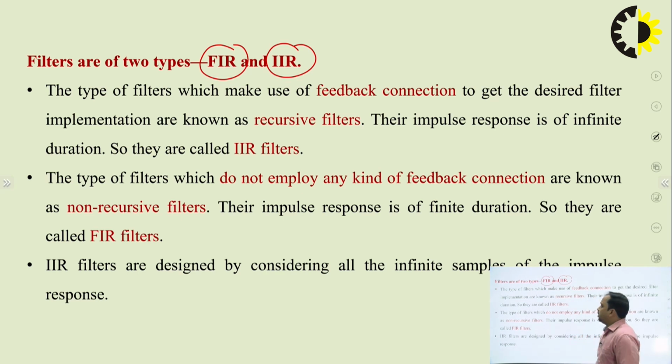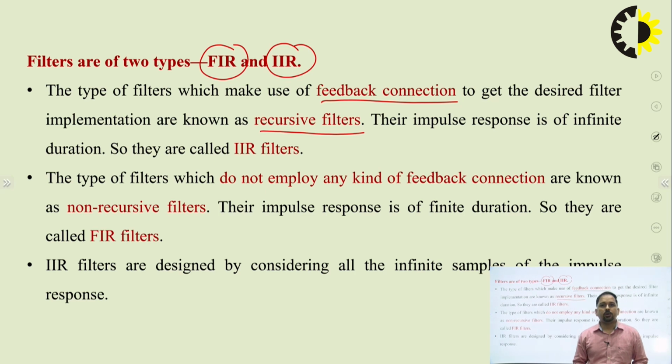So first of all, IIR filters generally have the feedback connections because the present output depends on the past output as well as the inputs. So if they are depending upon the past output, that means definitely there has to be some feedback connection. So they are also called as recursive filters. So very important key points, that IIR filters are having the feedback connections.